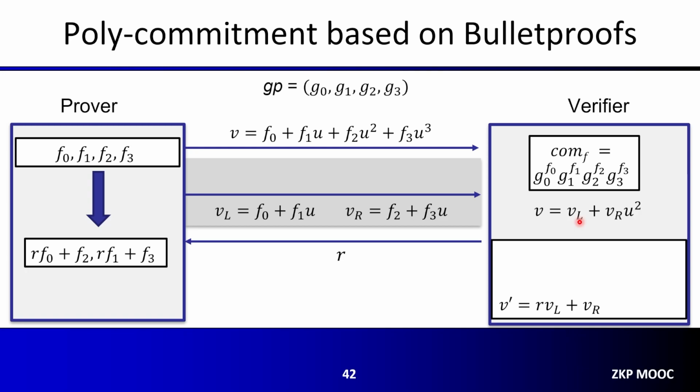But it turns out this step is quite challenging, because given this new polynomial, you can't let the prover just compute the same Pedersen commitment using the same basis. For example, if you ask the prover to commit G0 to this first term and G1 to the second term, there is no way for the verifier to check that this new commitment is indeed computed from the vectors in this old commitment COMF.